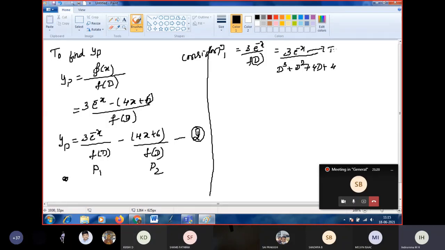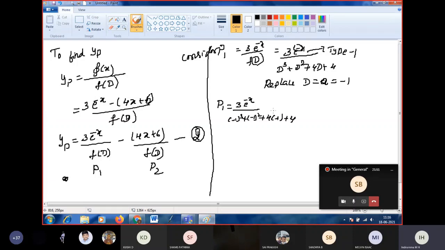In type 1, replace D with a. What is a in e power ax? a is minus 1. Therefore, P1 is equal to 3 e to the power of minus x divided by (minus 1) whole cube plus (minus 1) whole square plus 4 into minus 1 plus 4.